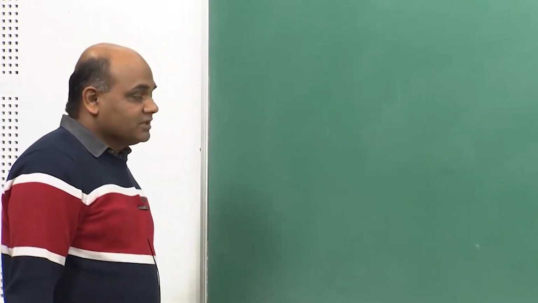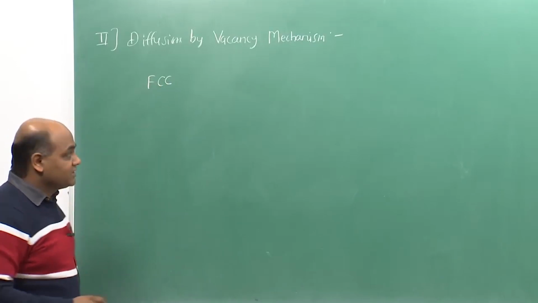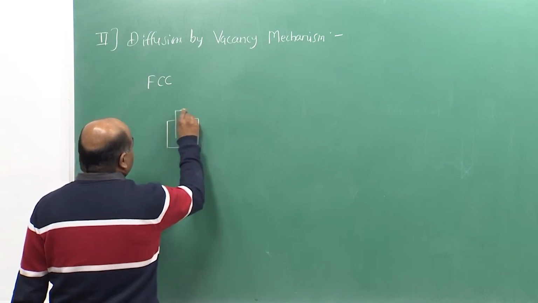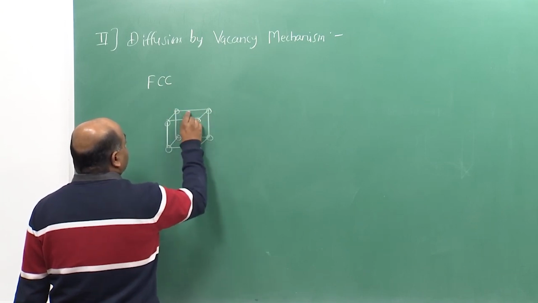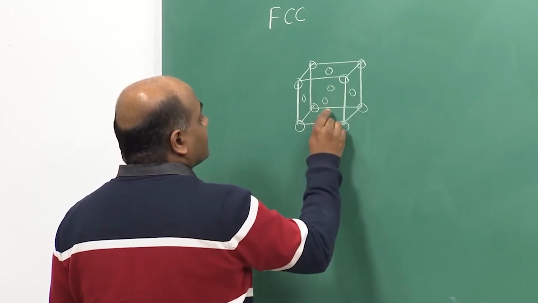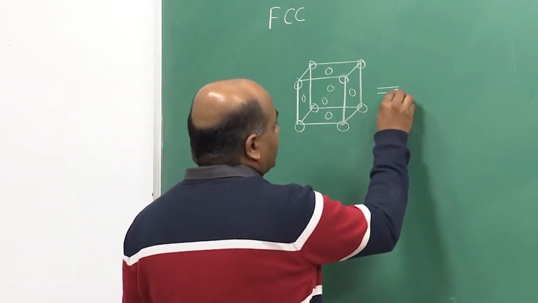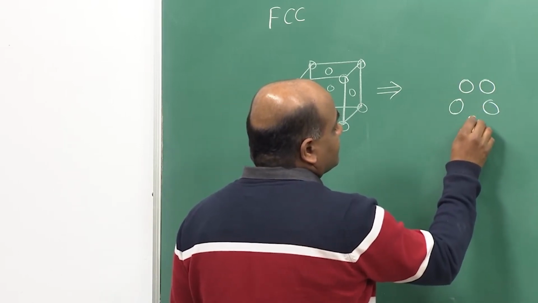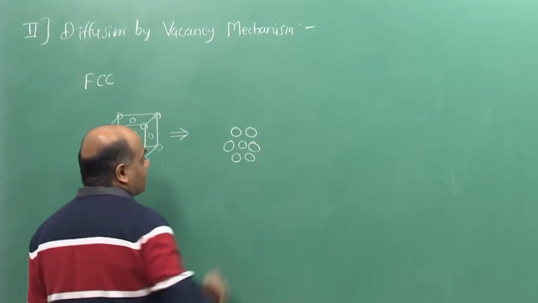So, if we try to visualize these particular jumps in an FCC lattice, if we look particularly at the 111 plane, so this is how the atoms are arranged in a 111 plane.